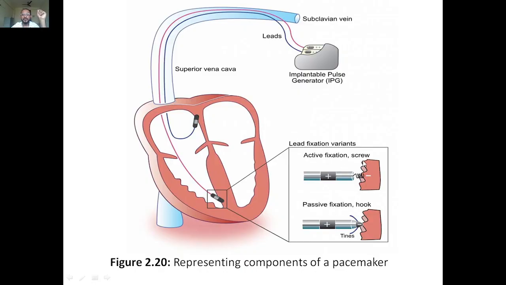Active fixation uses a screw, so that the contraction of the ventricles can be regulated. And then we have passive fixation, which looks like a hook. So both can be adapted here, and these act as the lead fixation variants. So lead fixation variants can be either active or passive.